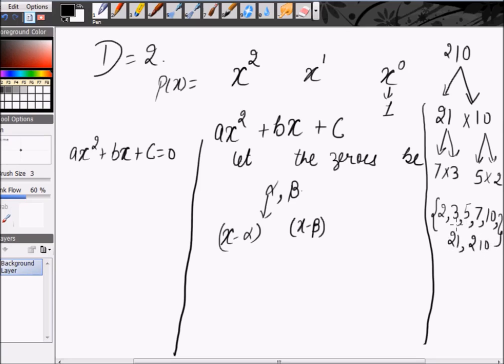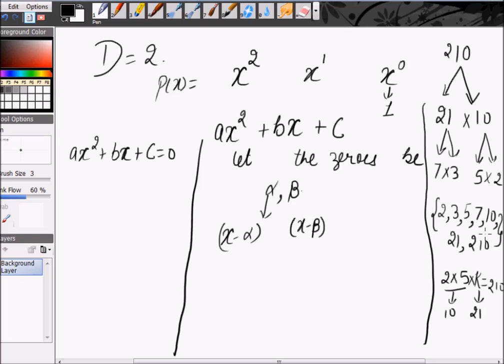If we take two numbers at random, say 2 and 5, since both 2 and 5 are factors, their product will also be a factor of 210. That is, to have 210, we will need a number k multiplied by this product, which here is 21, because 5 into 2 equals 10.